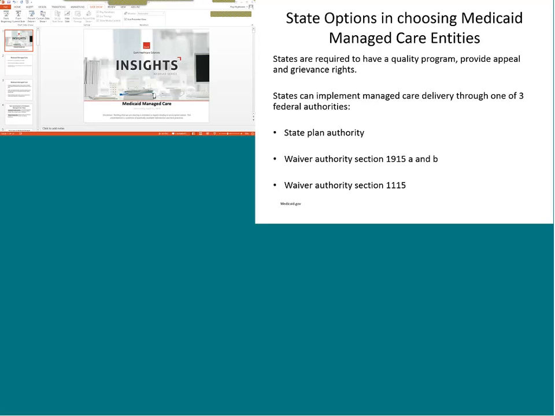These authorities basically set the protocols for appeals and grievance rights, and they also require quality programs to ensure that physicians taking on these patients are providing appropriate quality measures.